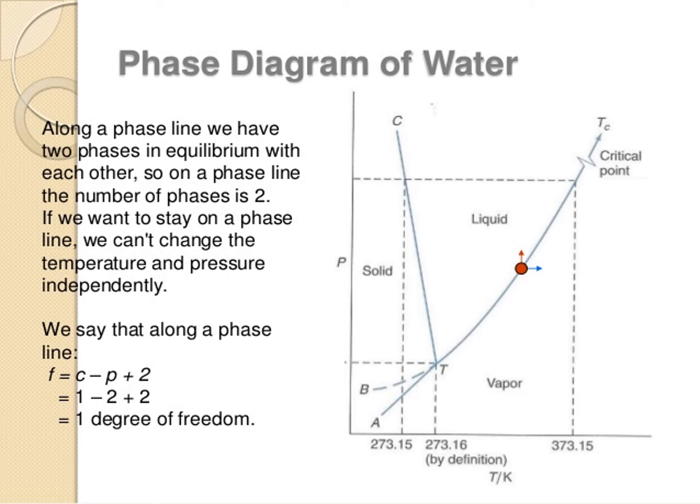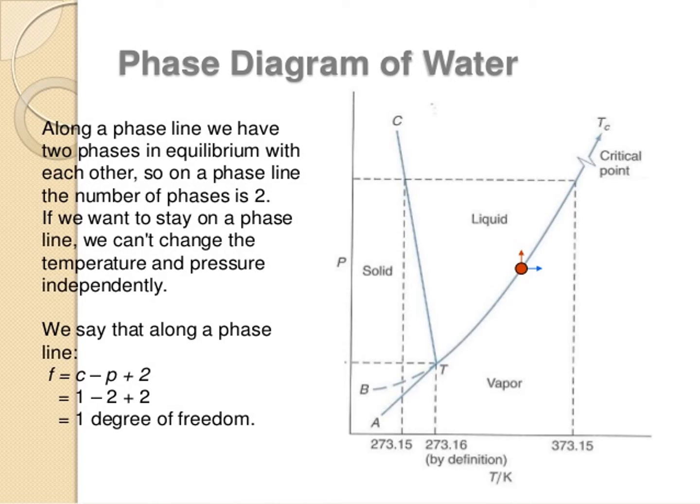Along a phase line we have two phases in equilibrium with each other. On a phase line the number of phases is 2. If we want to stay on a phase line, we can't change the temperature and pressure independently.